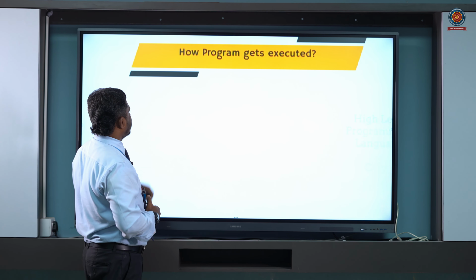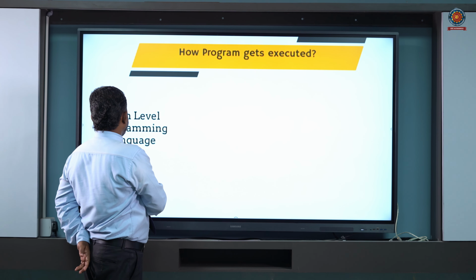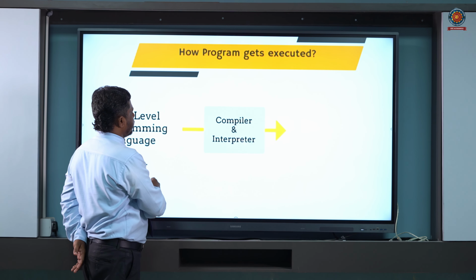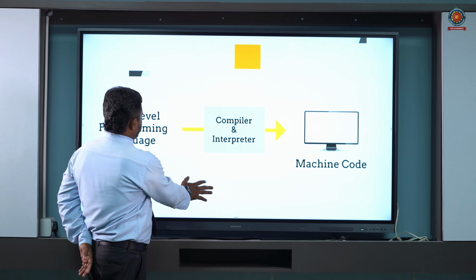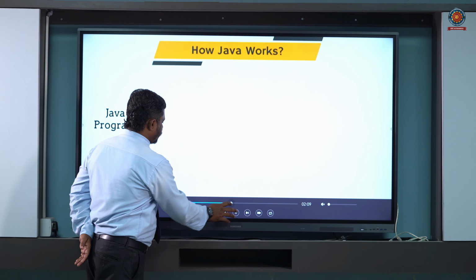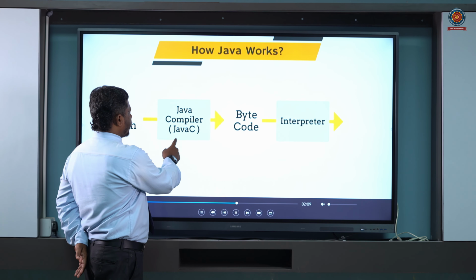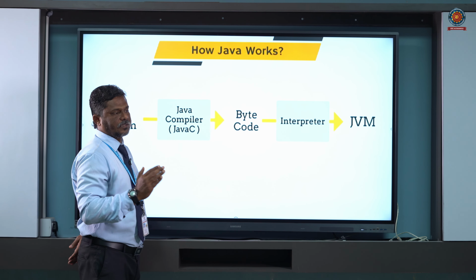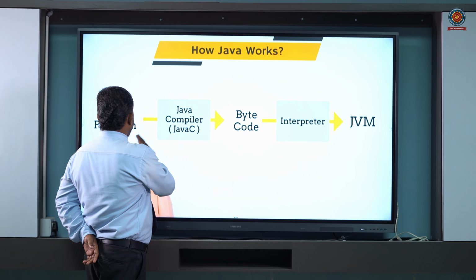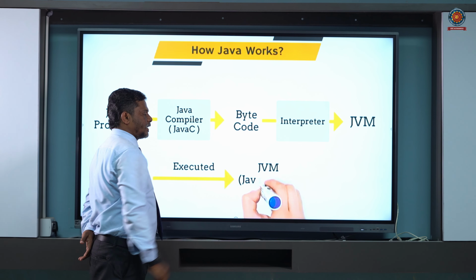But when you are using high level languages like C++, with a compiler or interpreter, machine code is created. If you are using Java programming, javac is the command we give for compiling that high level program. When you compile, bytecode is generated.